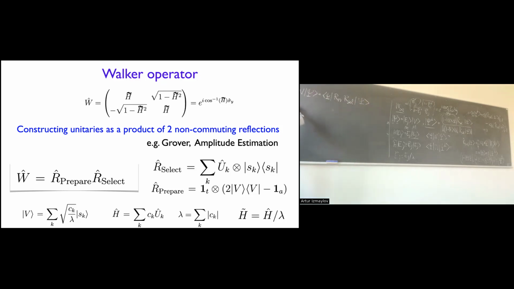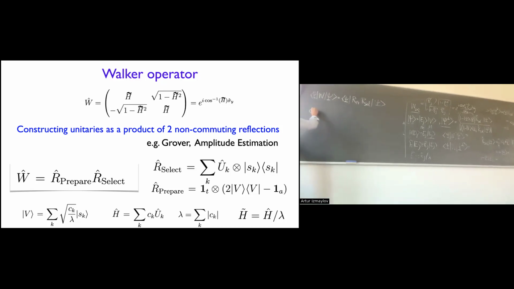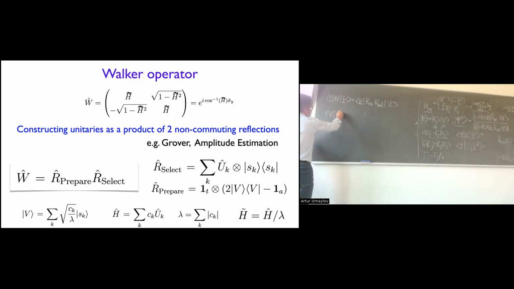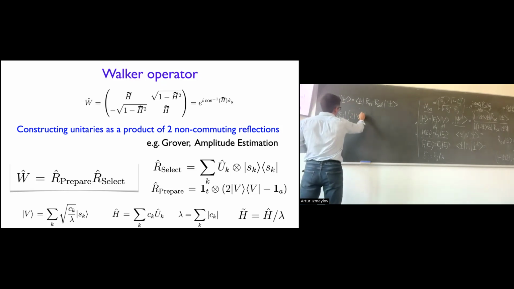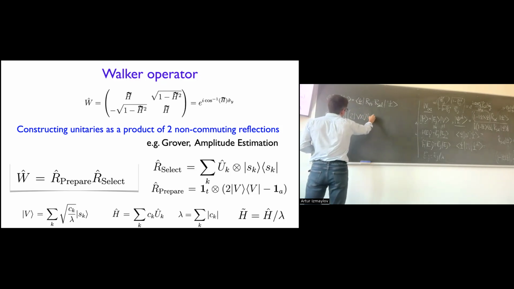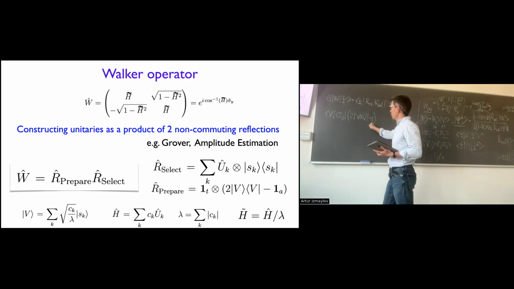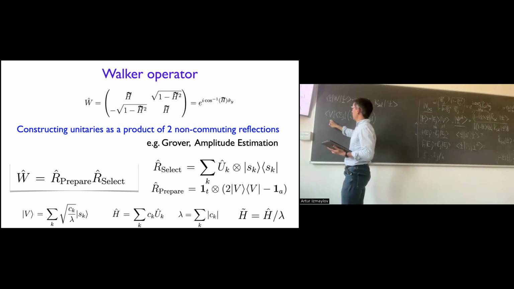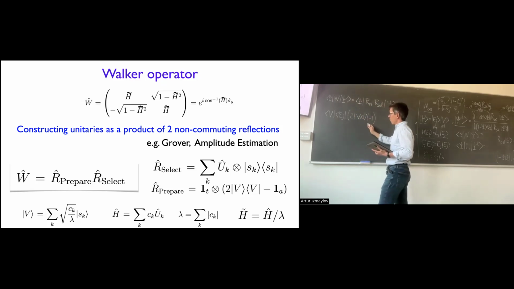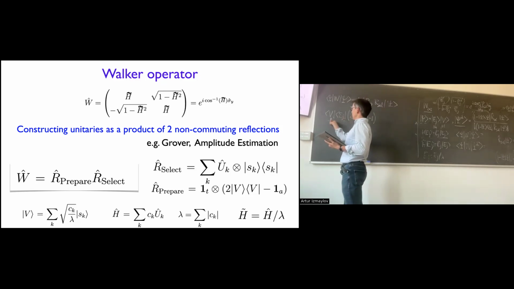Because psi itself is a V vector and Ej, if we apply the prep, which is just 2 V minus 1, what this is supposed to do is flip the sign of the complementary component of V. There is no complementary component of V because it's only a V vector on the ancilla, right?